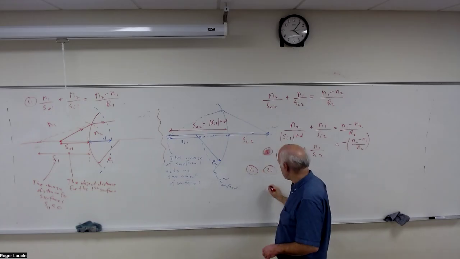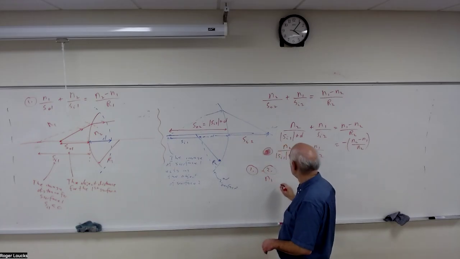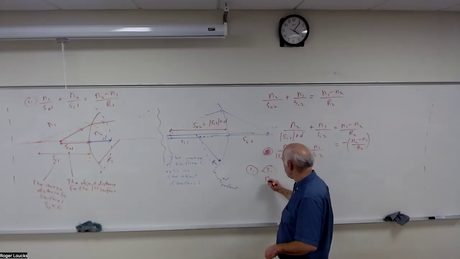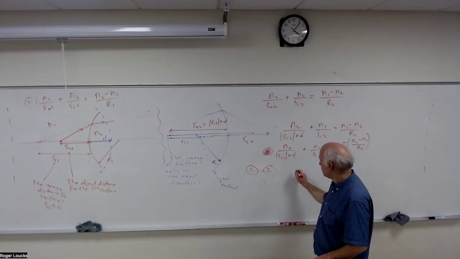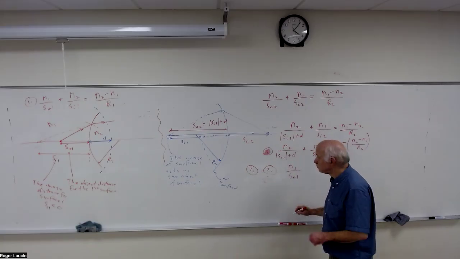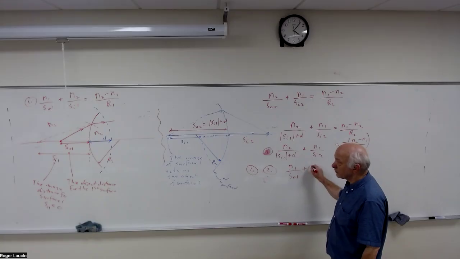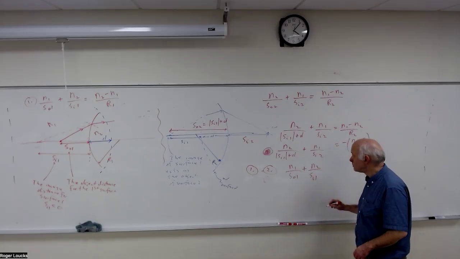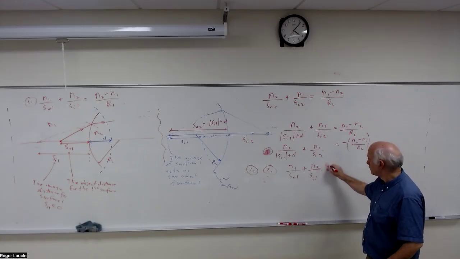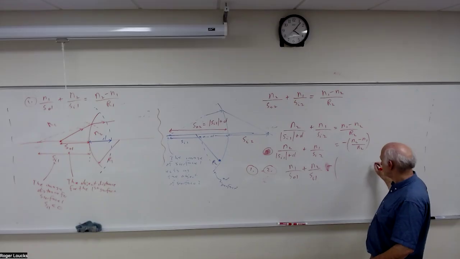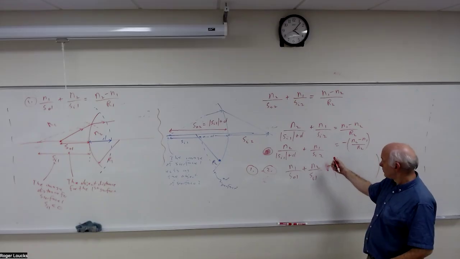What this gives me will be N1 over SO1 plus N2 over SI1 minus this guy here.